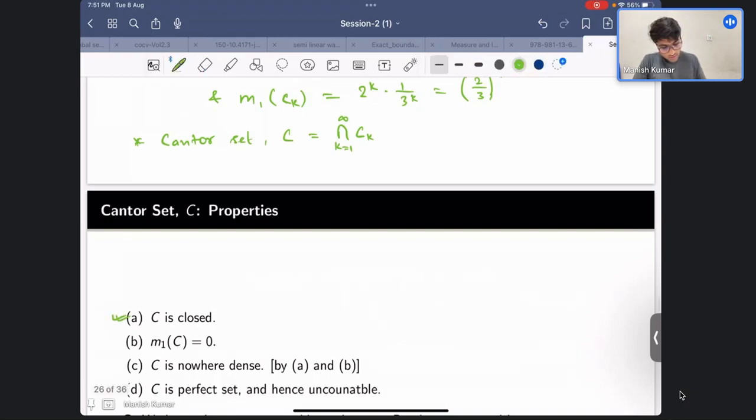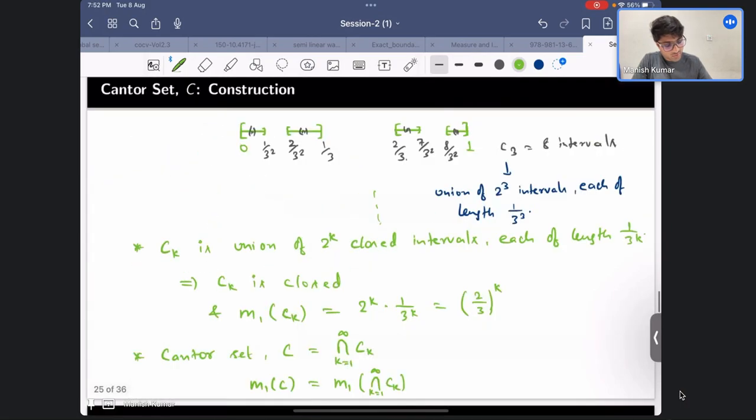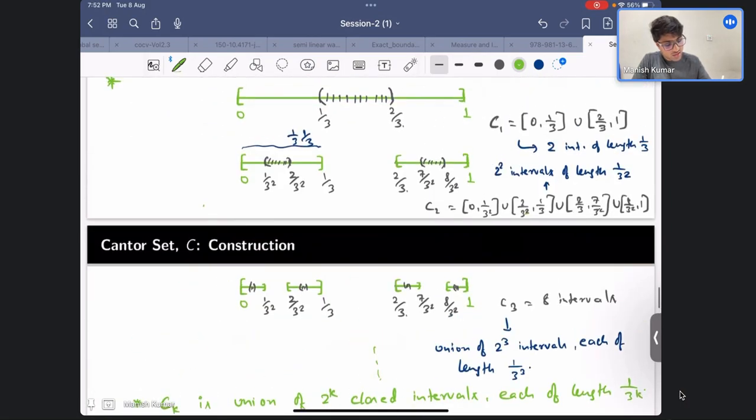Now if you see m1 of C, m1 of C is m1 of the intersection of Ck. Now you know the property, that continuity property. So you see this first, that this sequence Ck is decreasing. That is C2 is contained in C1, C2 contains C3, and so on, right?